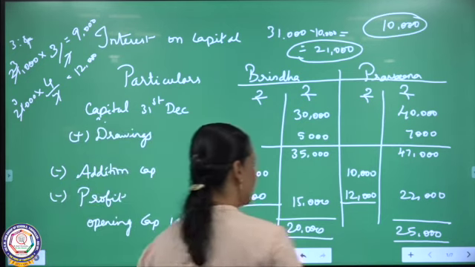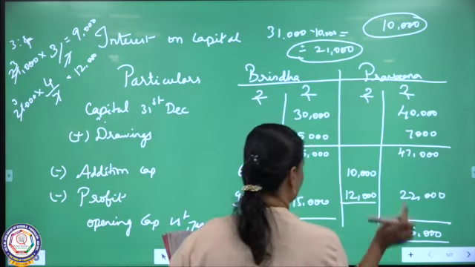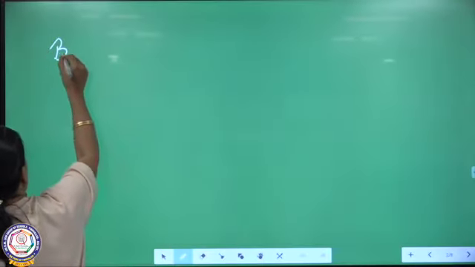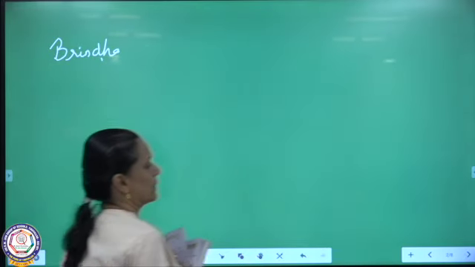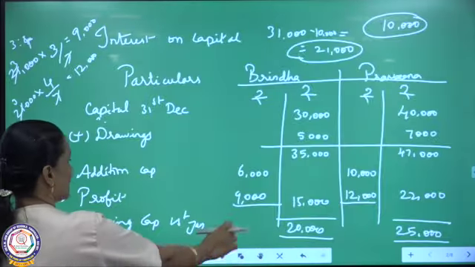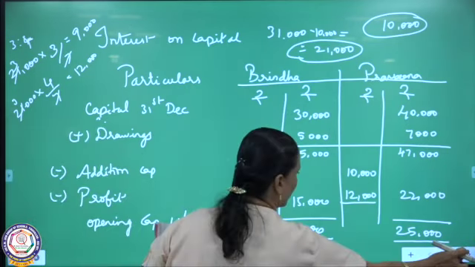Okay. Now, we have to calculate interest on capital. Okay. What we should do? First, we have to find out Brinda's. Brinda's capital, how much we got? 20,000, 25,000, no? You remember that, okay.